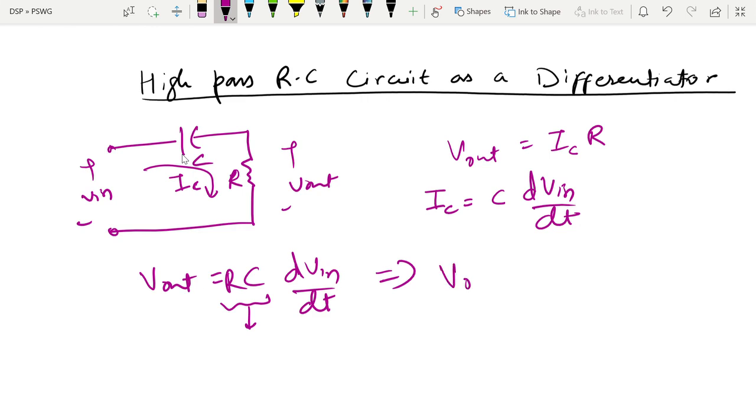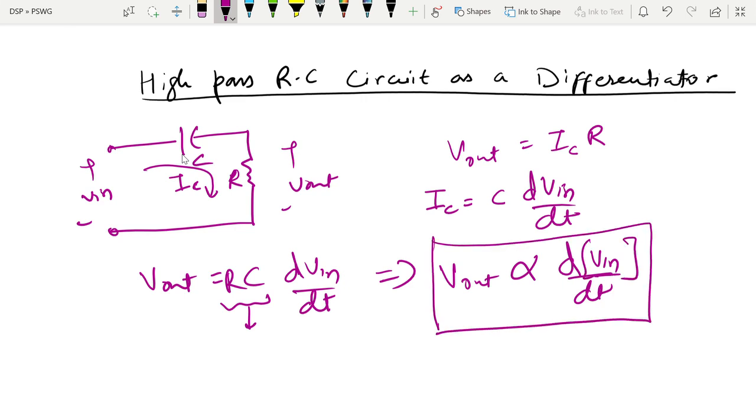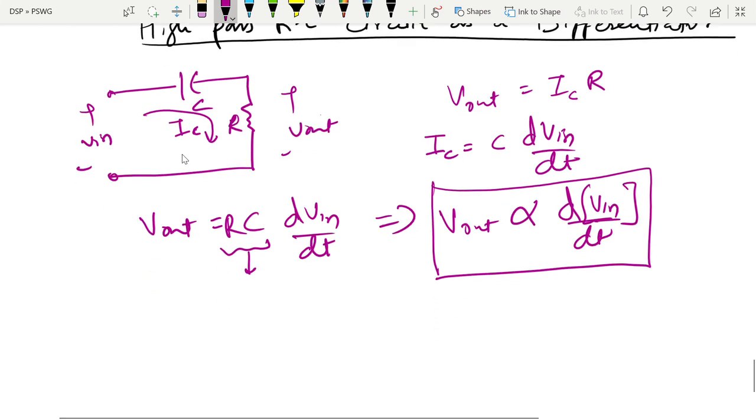So V out will be directly proportional to the differentiation of the input voltage. It means that whatever input is applied to this high pass RC circuit, the output will be the differentiation of this input voltage. So this is derived like this.